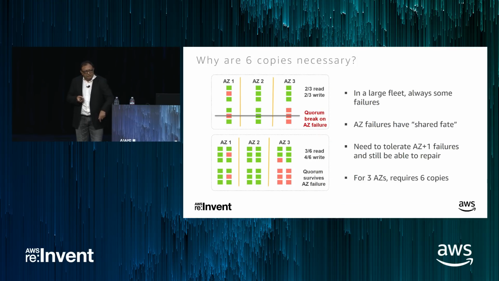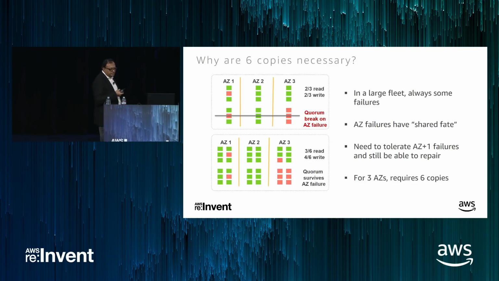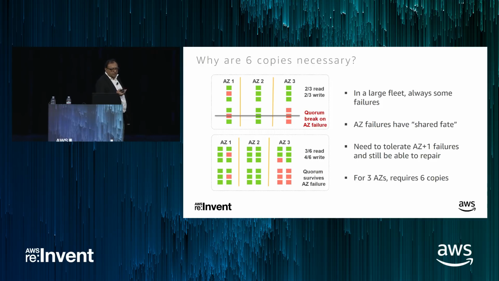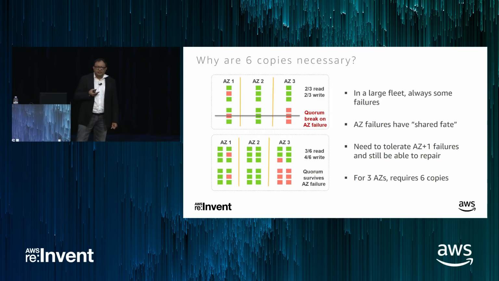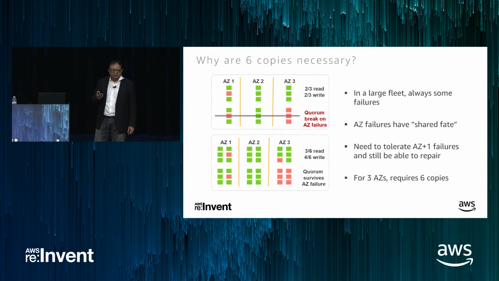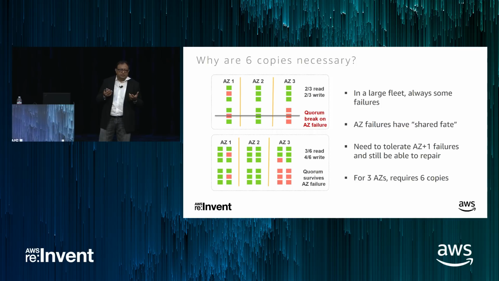Here's a new one. So why are 6 copies necessary? In the top picture, we're showing an example with a 2 out of 3 quorum, 2 out of 3 reads, 2 out of 3 writes, and basically your quorum is fine as long as you only have 1 failure at a time. And failures are reasonably rare. Let's say there's a 1 in 10,000 or 1 in 100,000 chance of a failure.